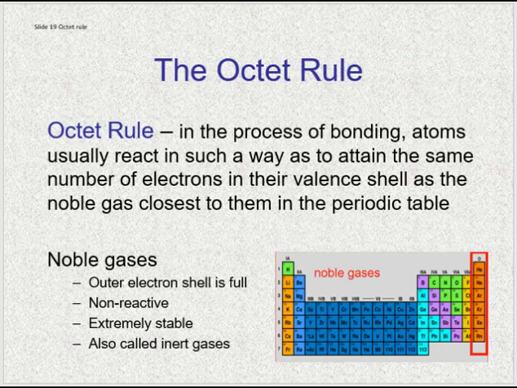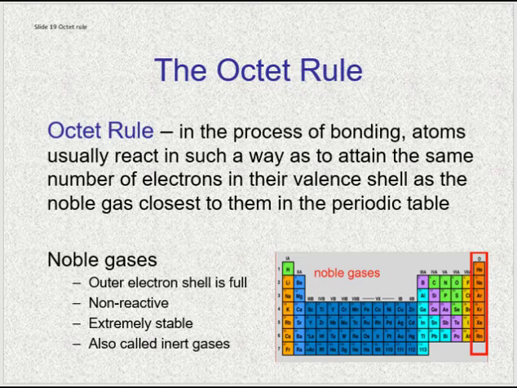Now remember, the number of valence electrons that an atom has depends on how reactive that atom is. An atom that has a full outer valence shell is less reactive than one that does not have a full outer shell.